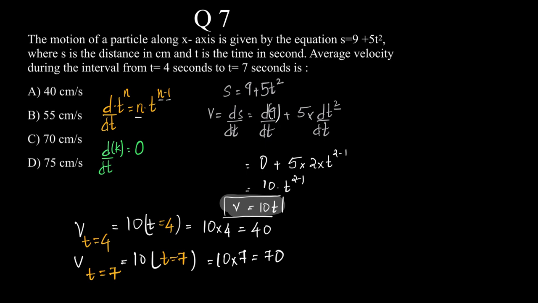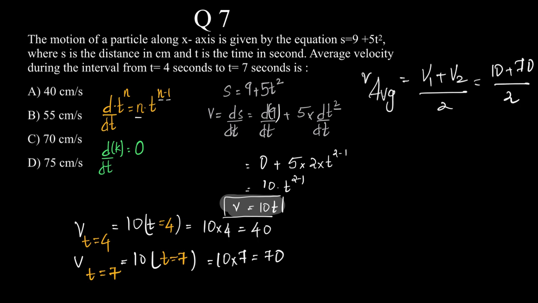Now what is it that we need to find out? Average velocity. So average velocity, v average here, will be equal to v1 plus v2 by 2, which is equal to 10 plus 70 by 2, which is equal to 110 by 2, which is 55.